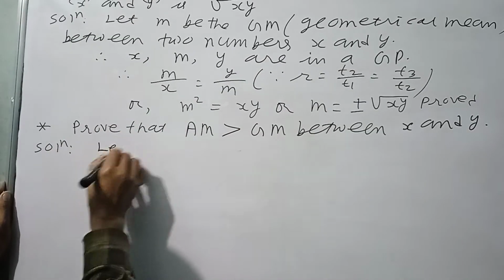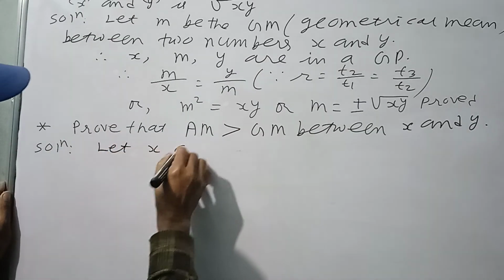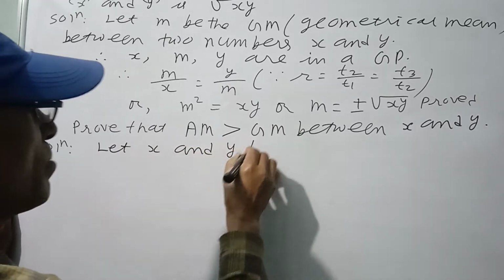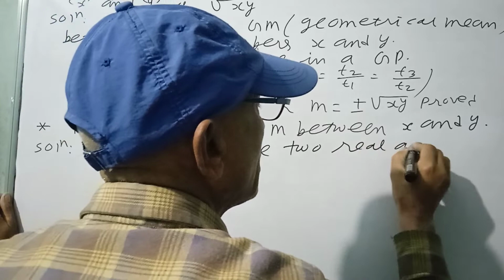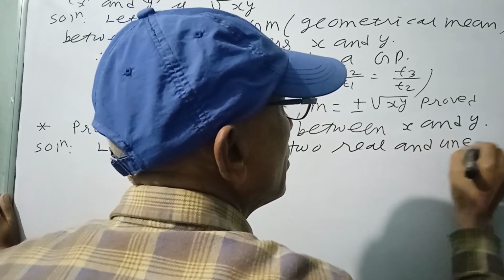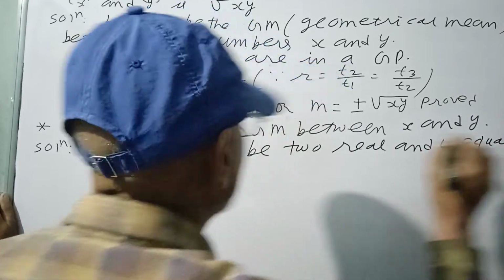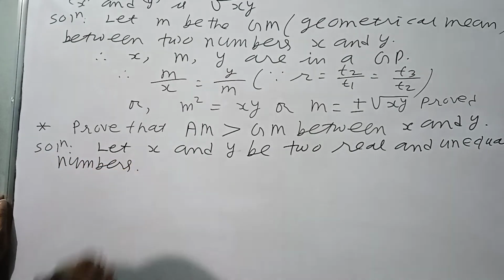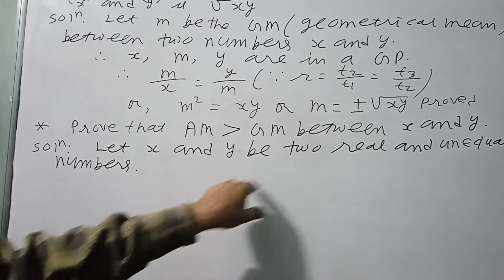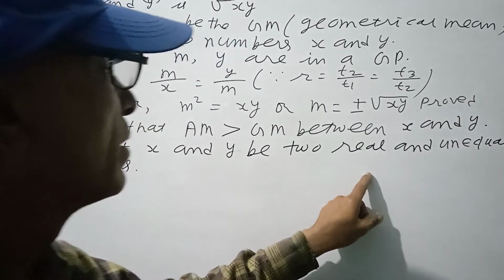Solution: let x and y be two real and unequal numbers. They can be equal, but suppose they are unequal and real.